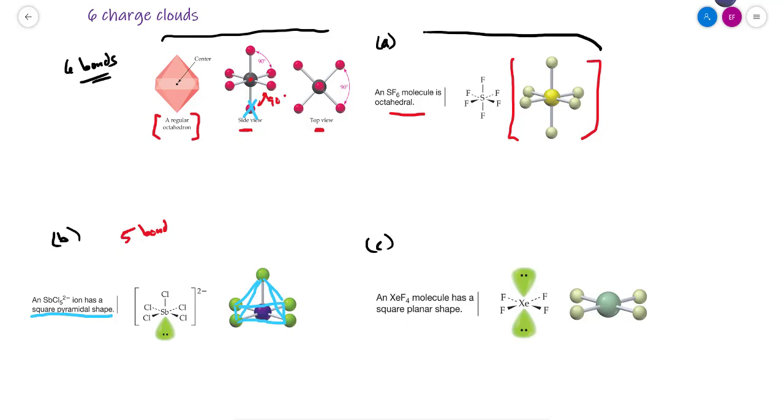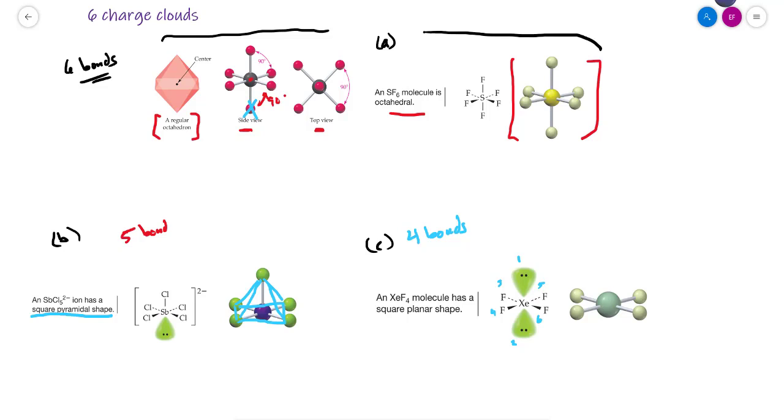So pretty straightforward. And then our last possible molecular geometry, this is a really interesting one, is when you have 4 bonds in a 6 charge cloud scenario. So 1, 2, 3, 4, 5, 6, so all 6 of them.